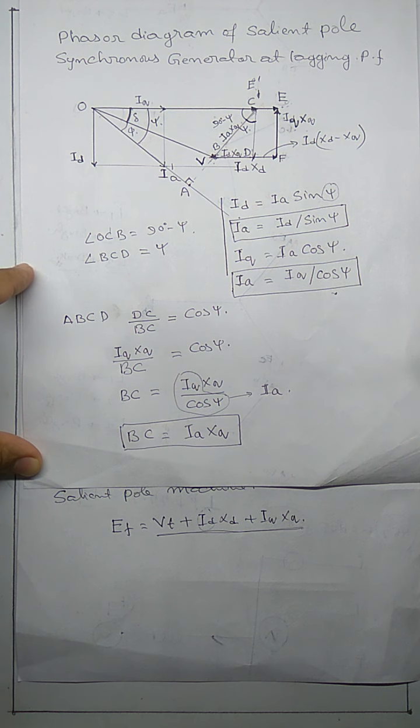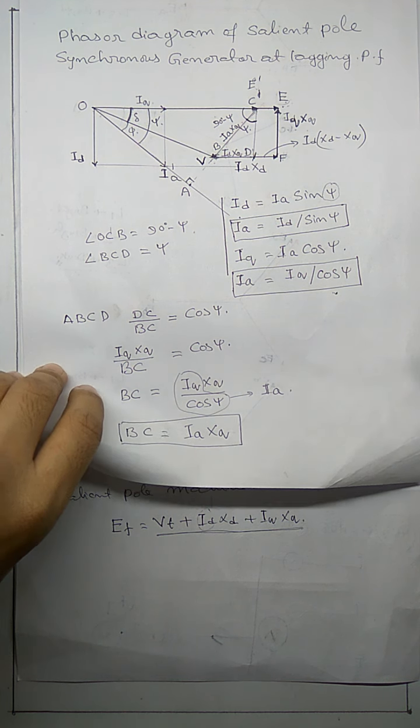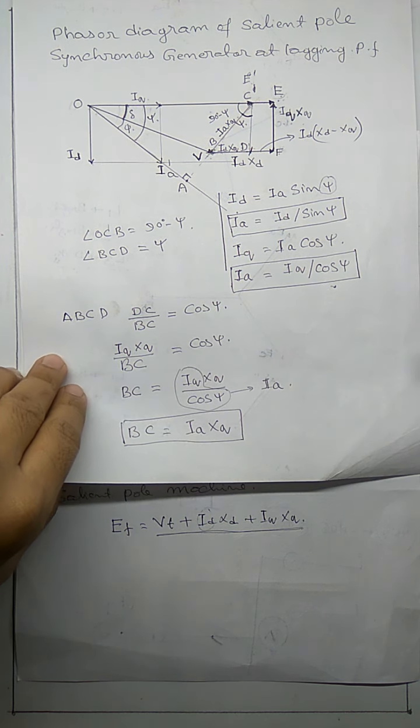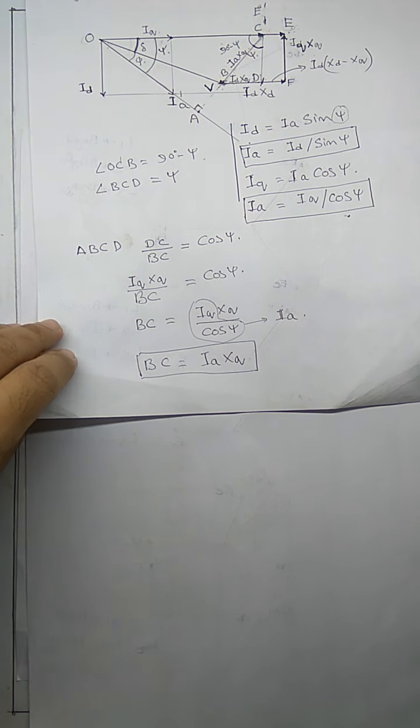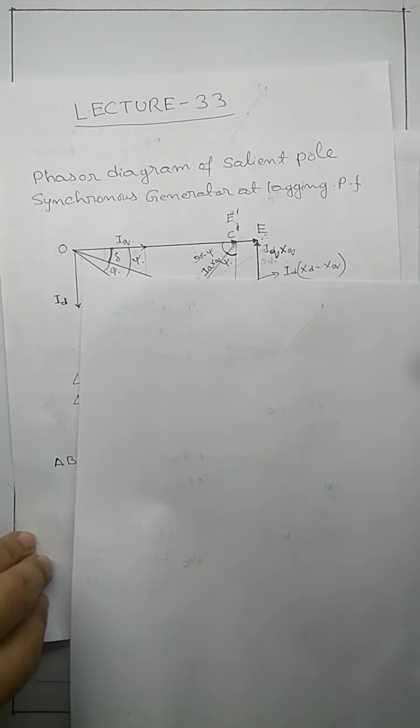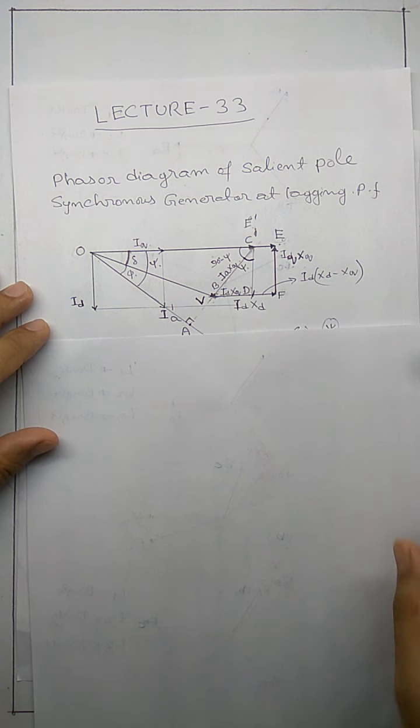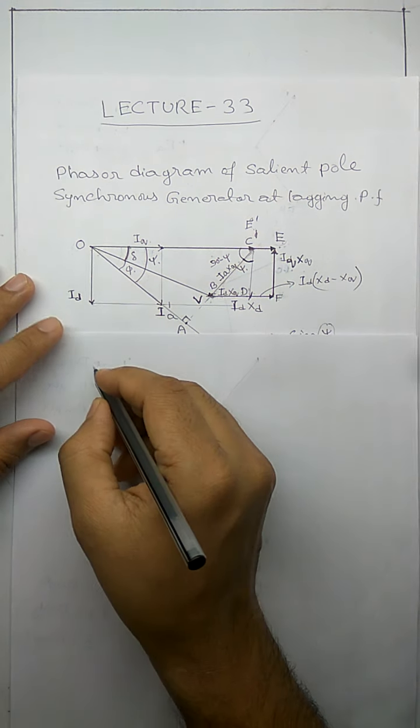So in a salient pole synchronous machine, if we have to find the induced EMF E for a given terminal voltage and current, what are the things that will be given?